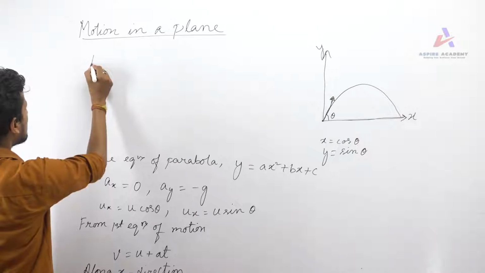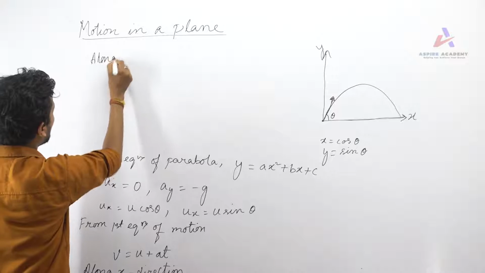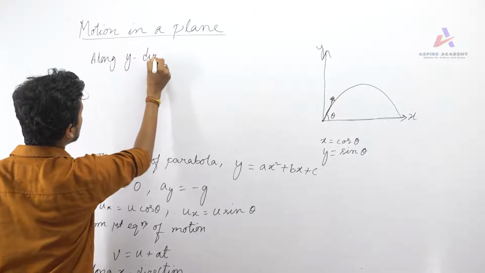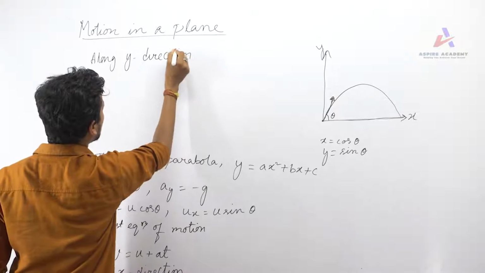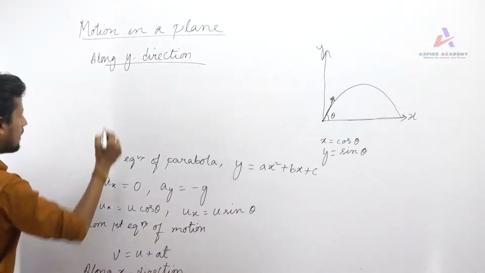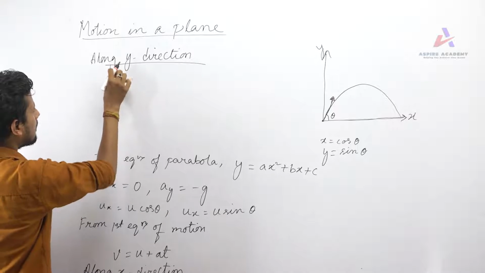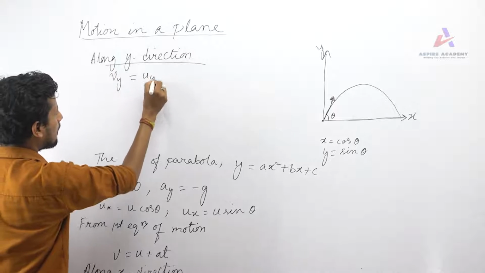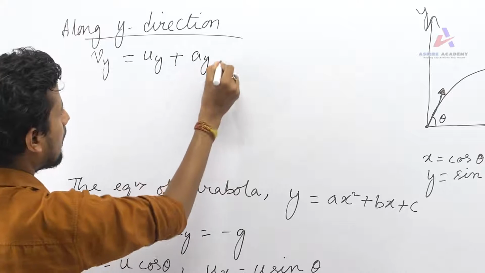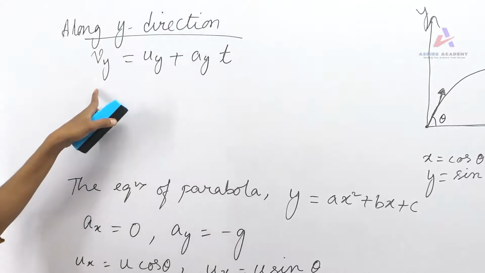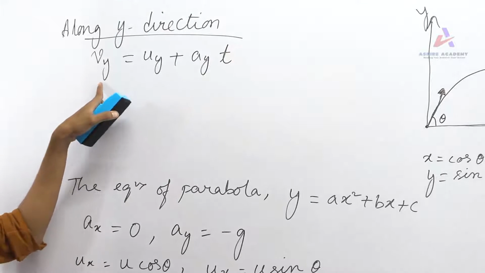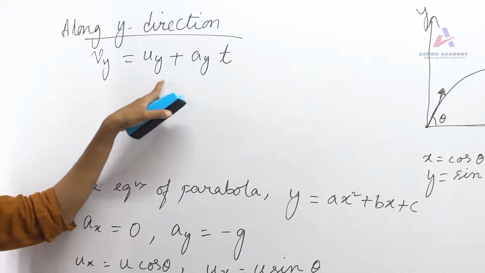Now, what would be the velocity along the y direction? Since it is along the y direction, we will write the suffix as y. So vy equals uy plus ay t.